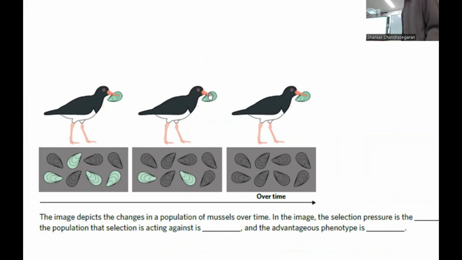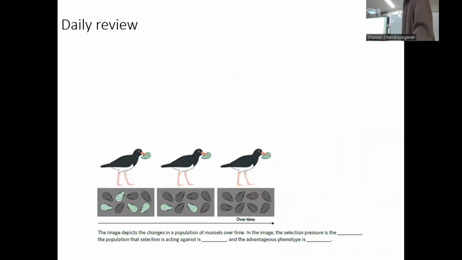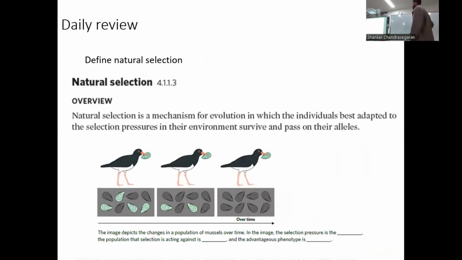So there we are. That is one of the examples. If I have to define natural selection, remember that it is a mechanism of evolution in which the individuals that have an advantageous phenotype in that specific selection pressure will be able to pass on their alleles. And this is just one of the mechanisms in which allele frequency within a population can change.